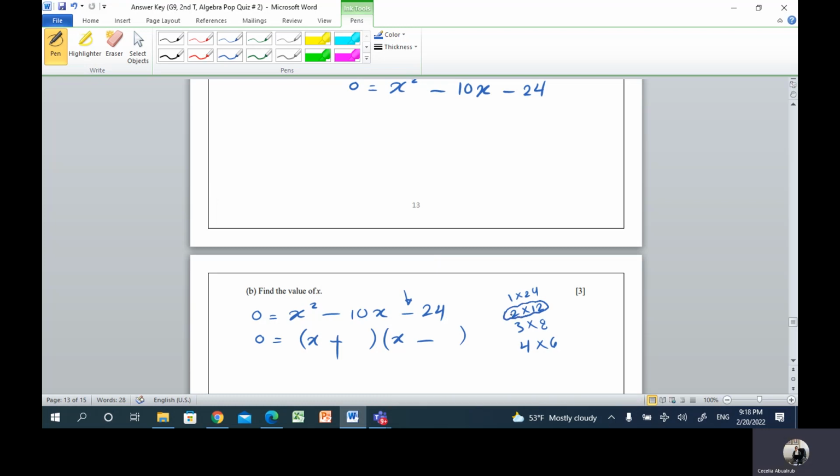Because 12 minus 2 will give us the 10, the middle term. So 2 times 12 will give us the last term, which is 24, and the subtraction of the two numbers will give us the middle term. And shall we place the 12 here and the 2 here? Yes. Why? Because the sign of the middle term is negative and 12 is greater than 2, so it will go here. We always check by expanding.